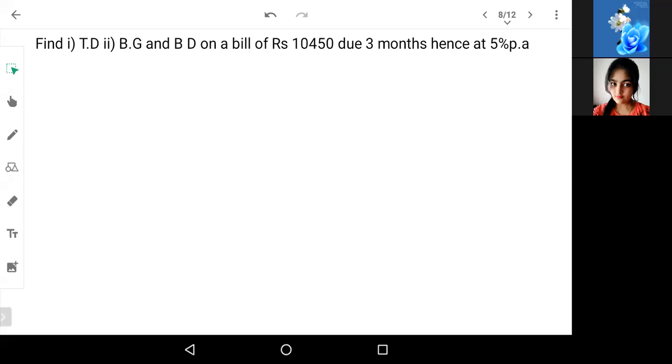Bill amount is given, that is amount is 10,450. The number of years is given, but it is given in months. Okay, always convert that to the year. So your amount is 10,450, and then the time period n is 3 months.